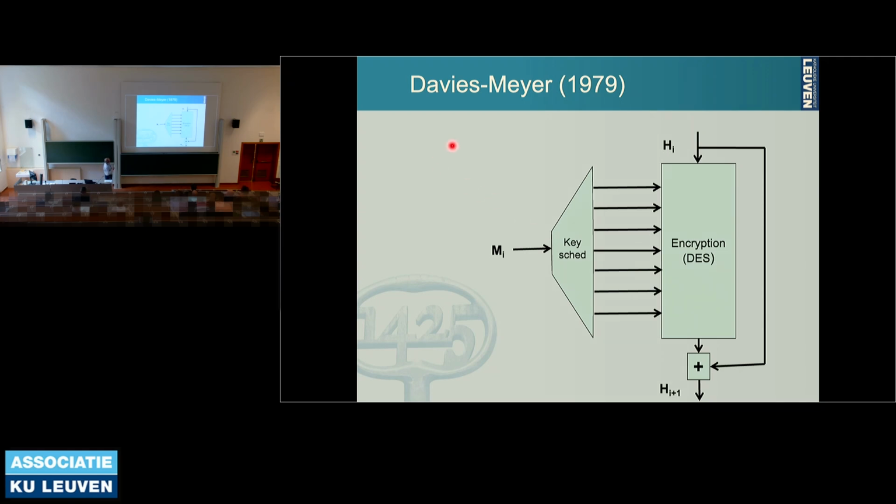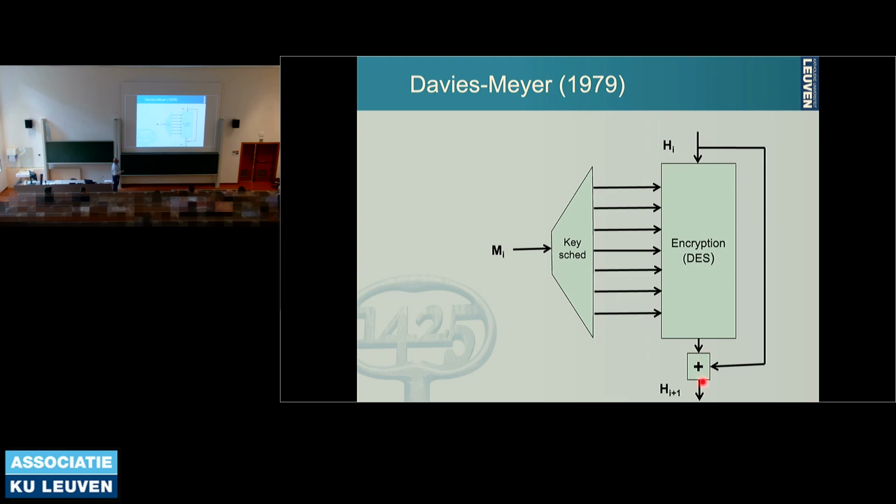In particular in the 70s, when DES was the only standard available, people wanted to do everything with DES. So they said, well, take this encryption. What we need for our compression function is that it should be able to process 2 inputs, 1 block from the message and 1 output of the previous step. So take your DES, wire the output of the previous step to the plaintext input of the block cipher, and instead of using a secret key, you take the new message block.